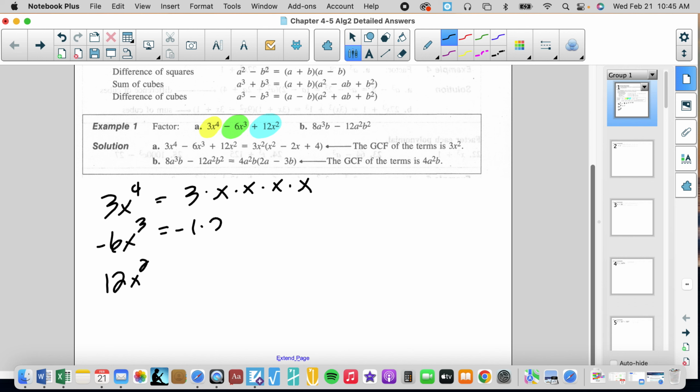We want to find the greatest common factor.